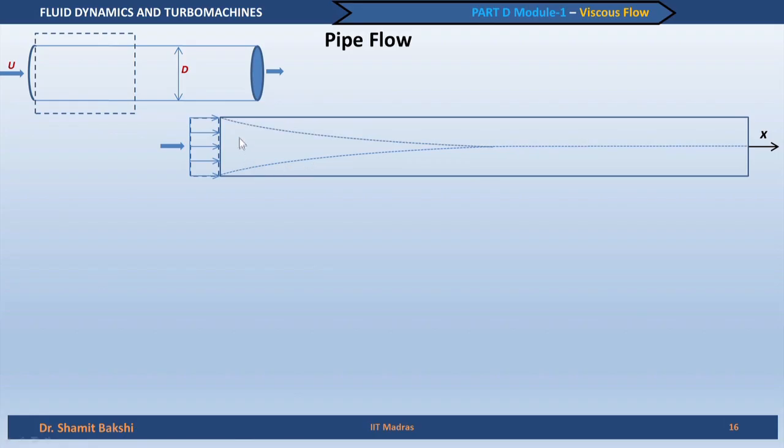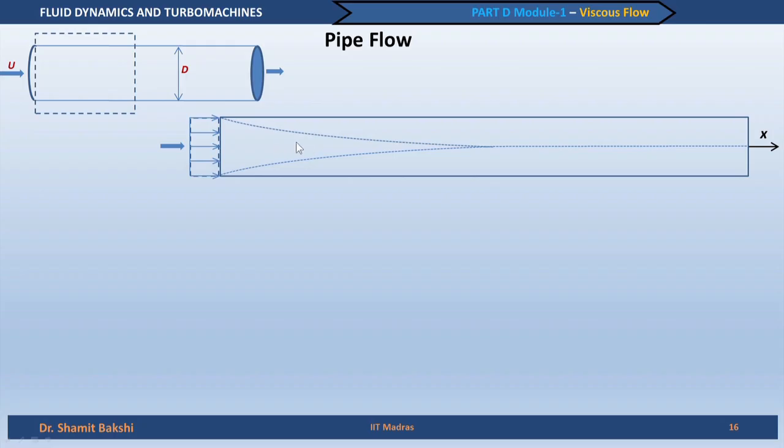So, we have a viscous boundary layer growing in the pipe from all the surrounding surfaces. That means, as the flow comes in, because of the growth of the boundary layer, you have some region which is viscous, which is inside the boundary layer, and there is an inviscid core or inviscid region at the central part of the pipe.